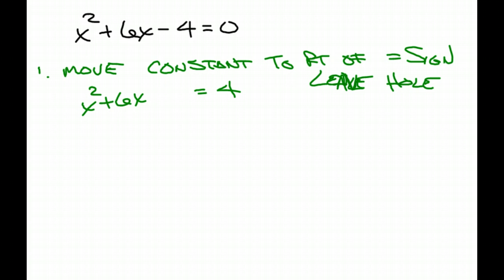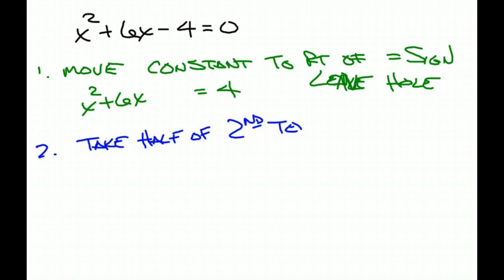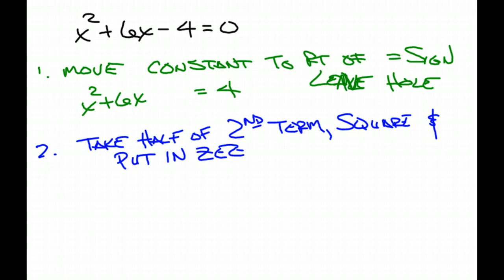Step number 2. Take half of second term, square, and put in z hole.